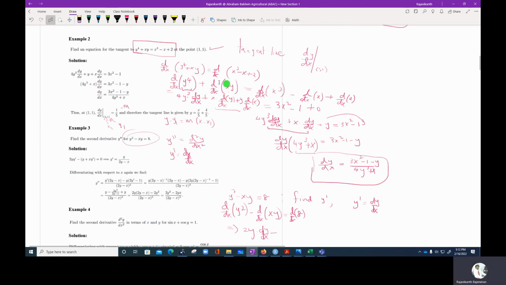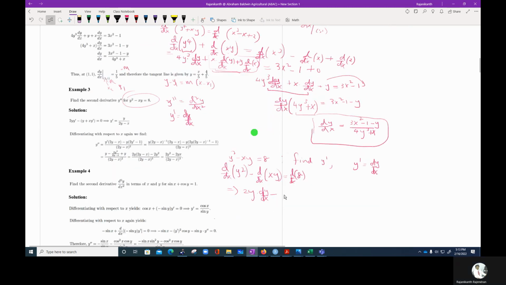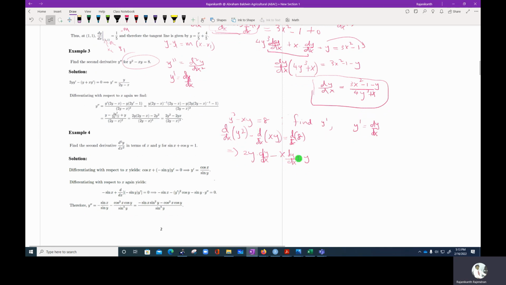The same work, right? So d over dx of xy, I got the answer earlier. I'm simply copying this part here because you don't need to do it again. So which is x times dy over dx, then plus y, with the minus sign in front. Because of this minus, the terms become x times dy over dx, then minus y. So this is basically 0.